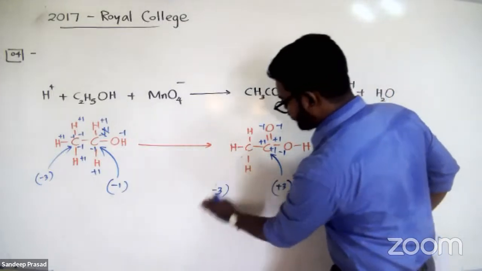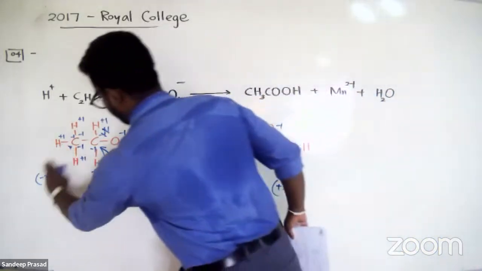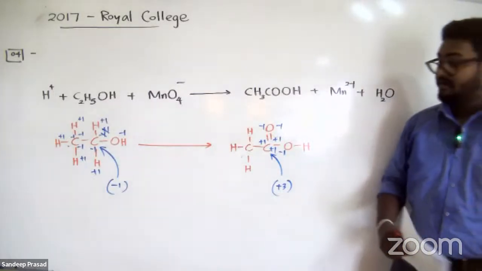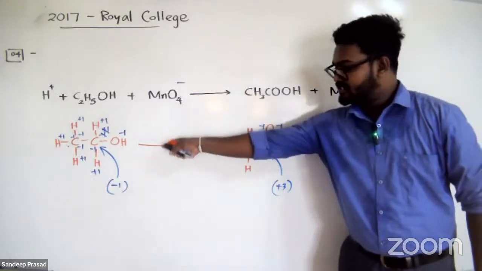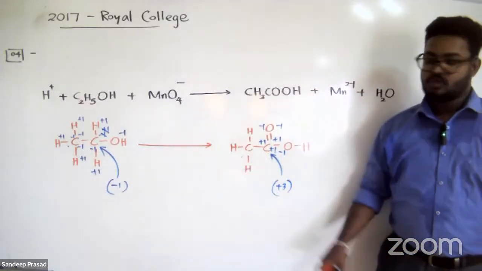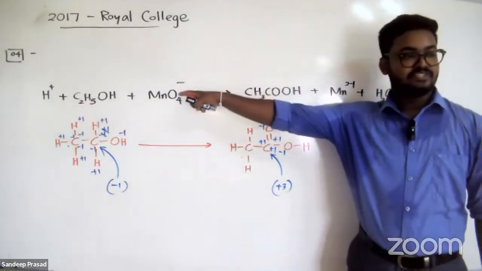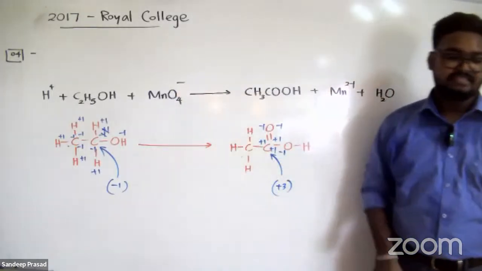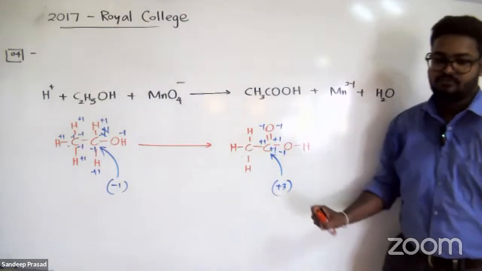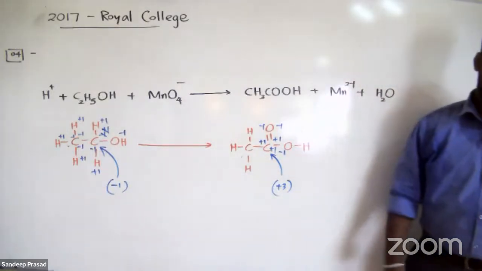You don't have to worry about this carbon, because in both compounds their oxidation numbers are the same. But the other carbon atom changes from -1 to +3. Students, if you try to take the average oxidation number, you won't get this answer. So we have to be very careful in these kinds of questions.